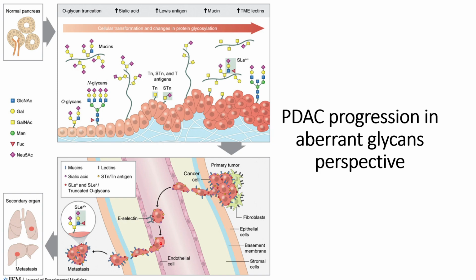Thereafter it helps in the intravasation of these tumor cells at the secondary organ, and there it can metastasize or spread the tumors. So this is in brief how aberrant glycosylation helps in the extravasation from the primary organ sites to the intravasation at the secondary organ sites, and that helps in the spread of tumors across different parts of the body, or metastasis.